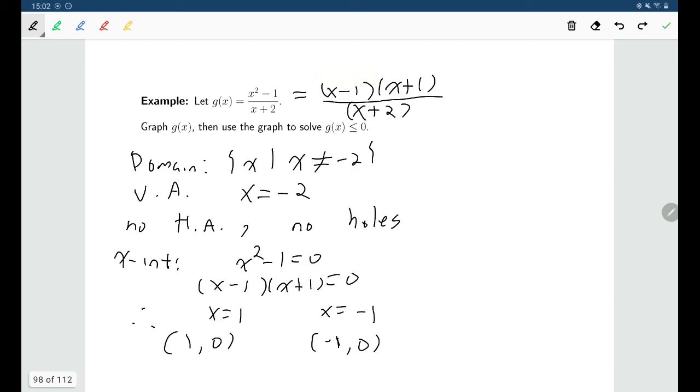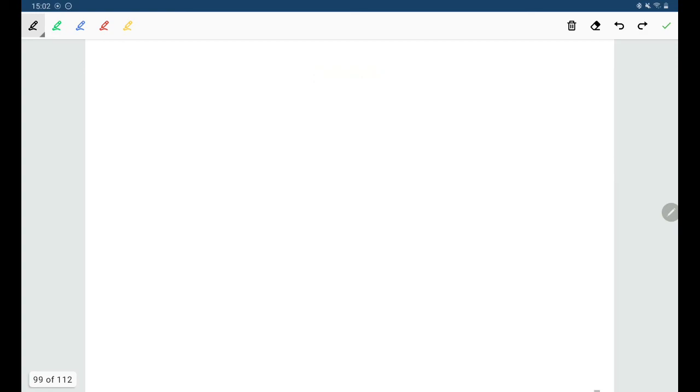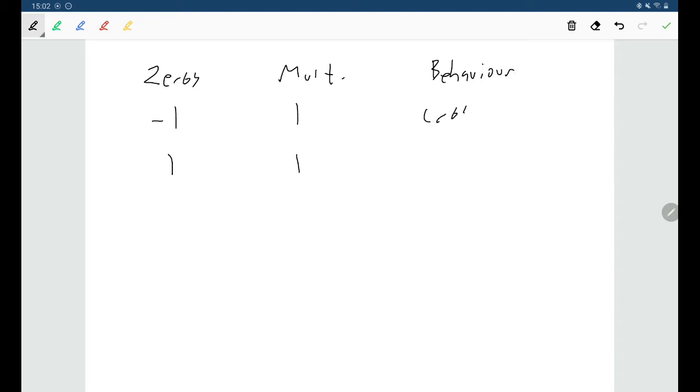So for both of these, we're going to cross the x-axis. So both x plus 1 and x minus 1 had a multiplicity of 1, which means that we are going to cross the x-axis at both of those points.